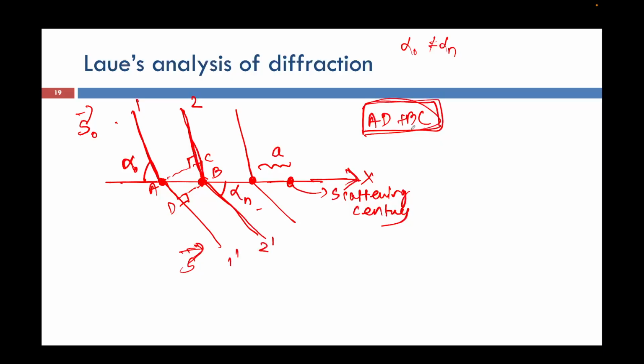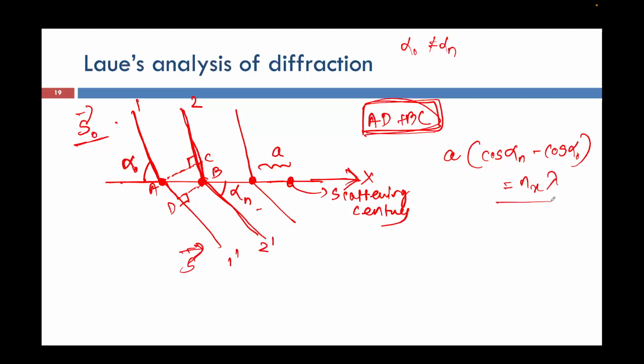So when he calculated this path difference considering the unit vectors, geometrically it will give you the value of A into cos alpha n minus cos alpha naught is equal to nx lambda.